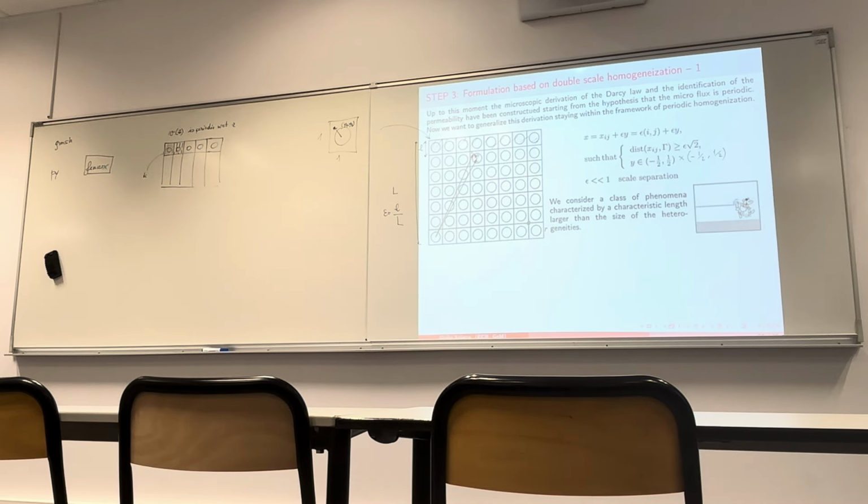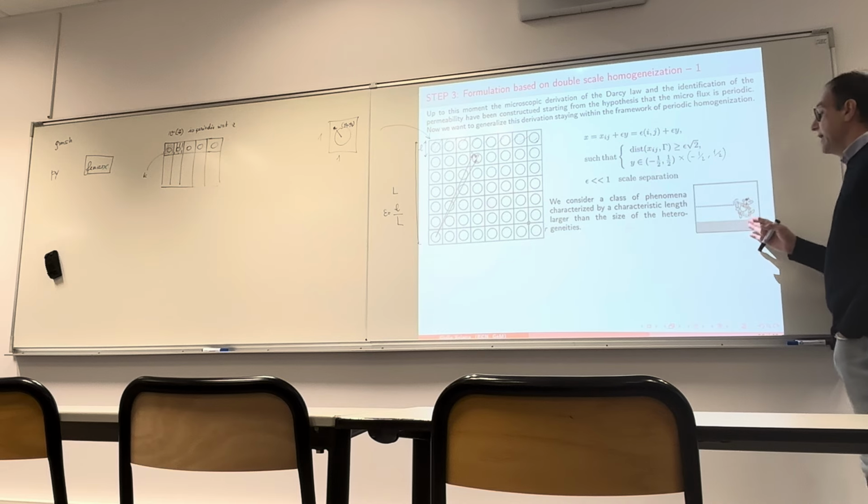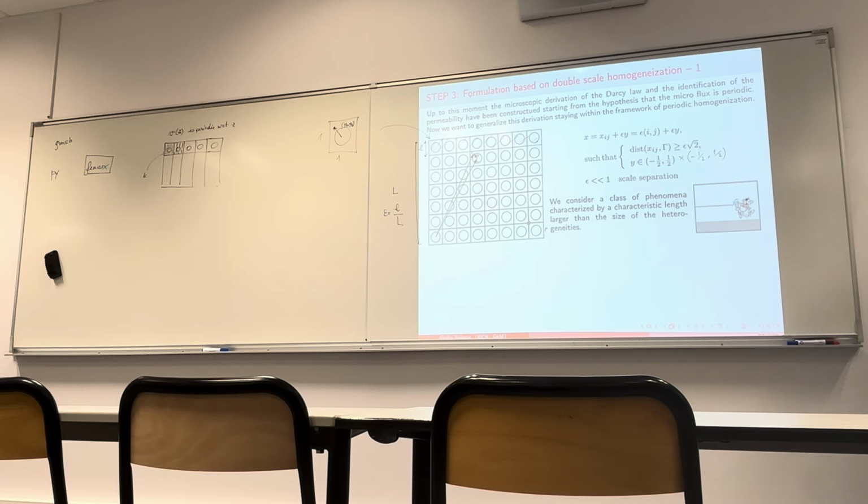Separation of scales, if you remember, was introduced in order to take into account the microstructure, but in a situation where microscale fluctuations are not directly affecting the macroscale properties, just affecting macroscale behavior via suitable average quantities, as for instance the permeability that we are looking for.